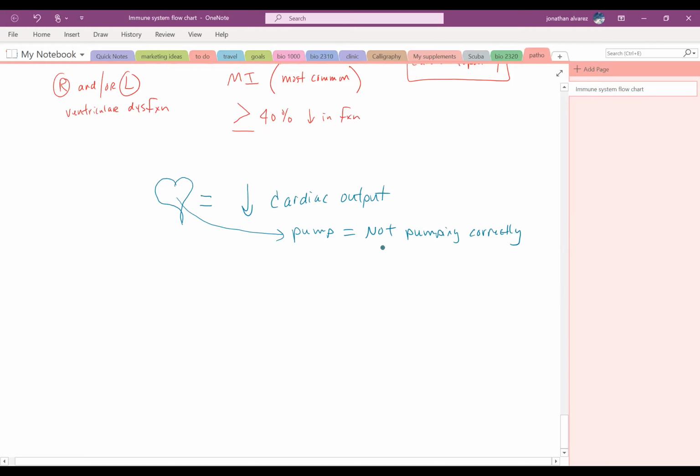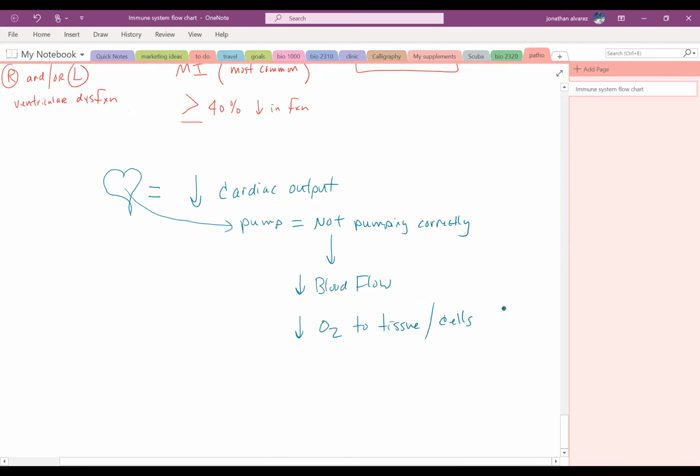Okay, and if it's not pumping correctly, you're going to have decreased blood flow, which is going to lead to decreased oxygen to tissue, to cells, which in the long run is not good.